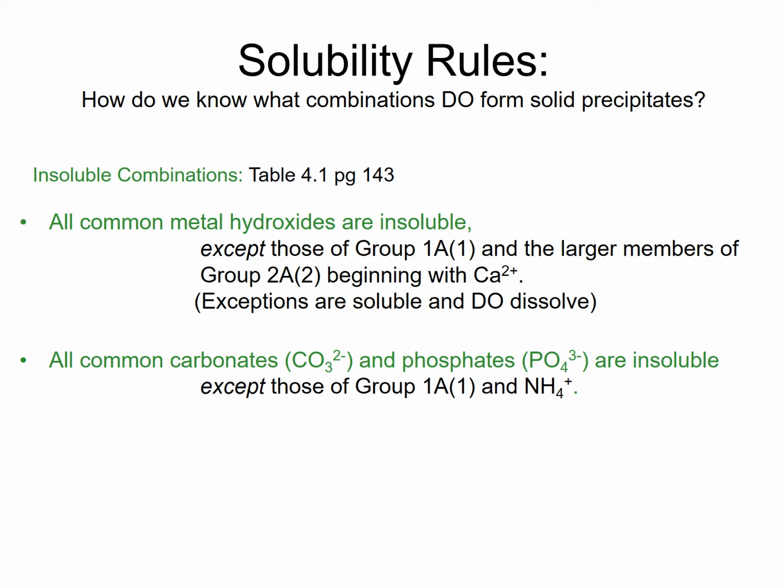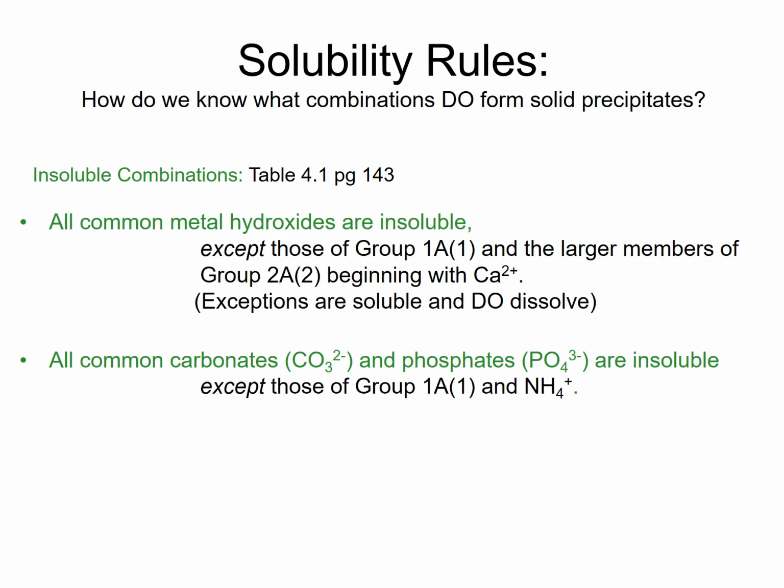Carbonates and phosphates, usually they're going to form an insoluble solid. Usually they will pair up and sink to the bottom of your beaker, unless they happen to get paired up with a member of group 1A or ammonium, NH4. In these two cases, they would not pair up to form something that would sink to the bottom of your beaker.